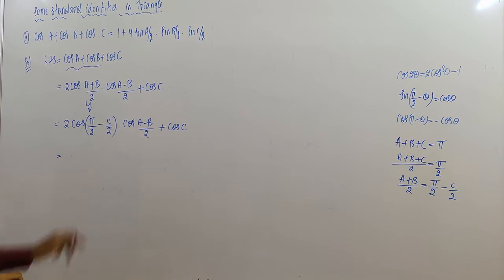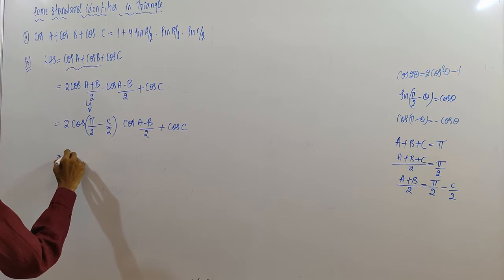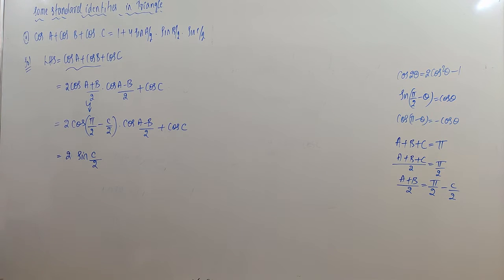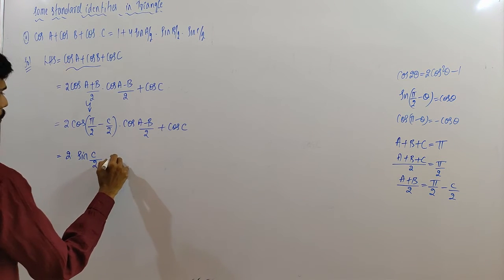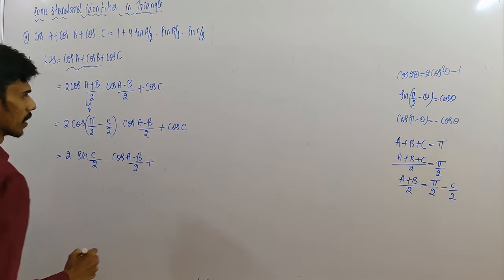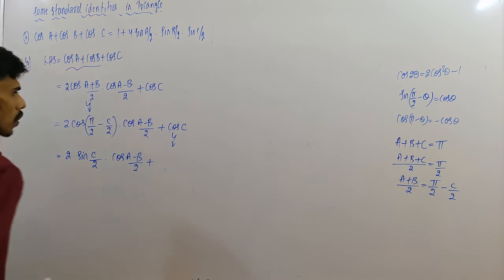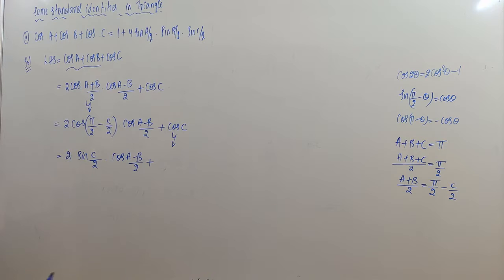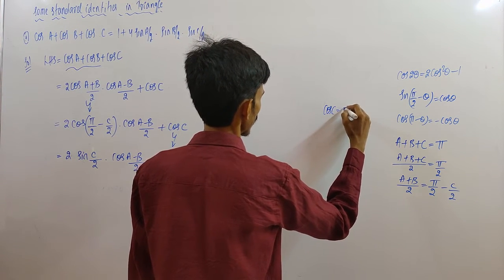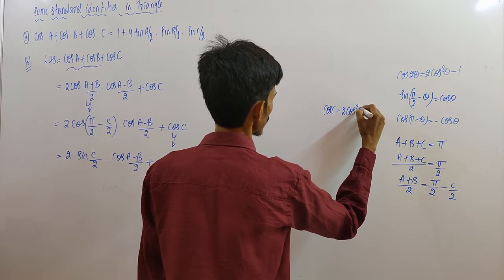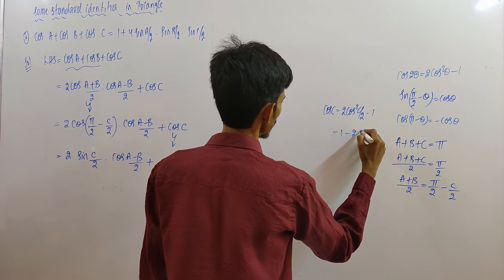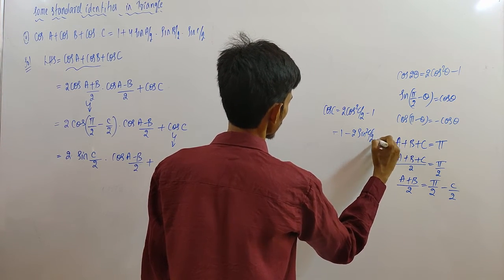Cos(90 minus theta) is sin theta. So this will become 2 sin(C/2) cos((A-B)/2) plus cos C. Cos C can be written as 2 cos square(C/2) minus 1 or 1 minus 2 sin square(C/2).